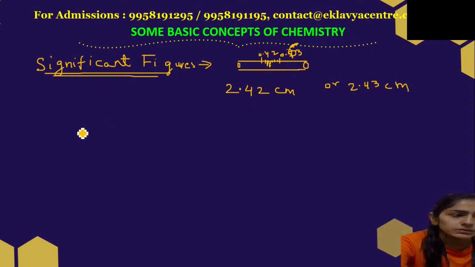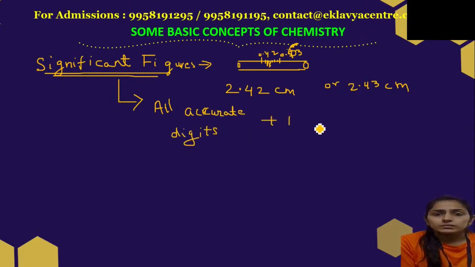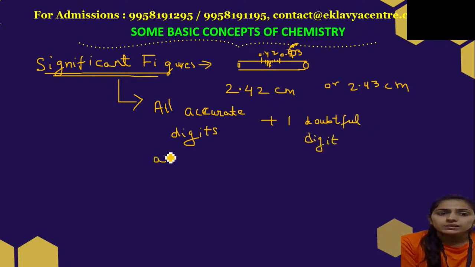Significant figures are those in which we have all accurate digits plus one doubtful digit, or in other words you can say all certain digits plus one uncertain digit.